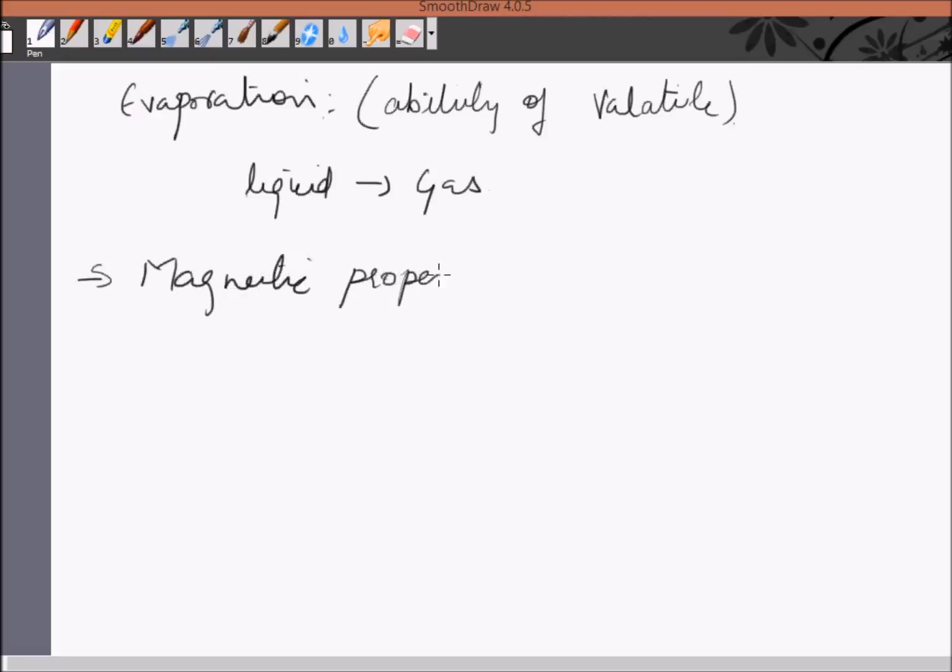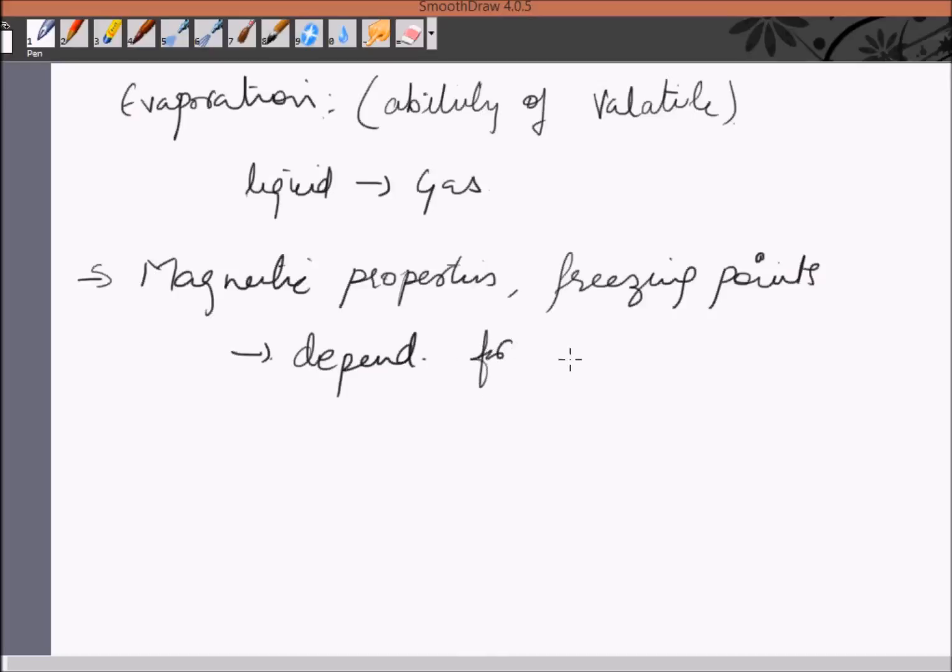We also have freezing points, which are actually used to depend for the separation of mixtures.